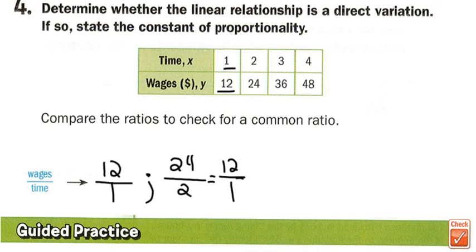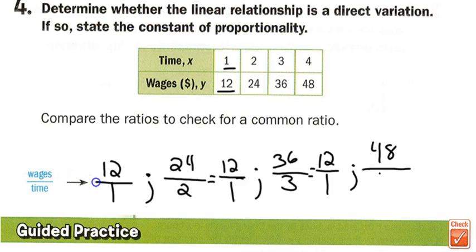All right, that's looking pretty good. Next one, 36 over 3. What do they both divide by? 3, giving you 12 over 1. I'm seeing a pattern. Last one, 48 over 4 reduces to 12 over 1.